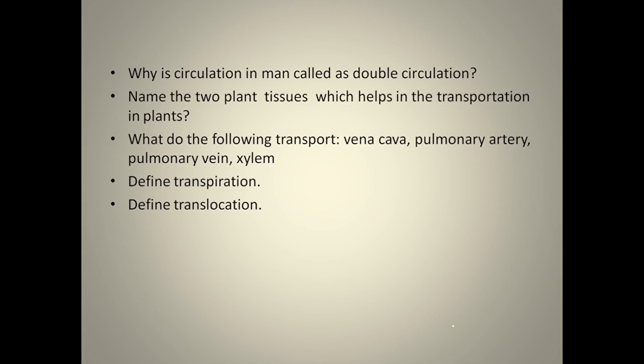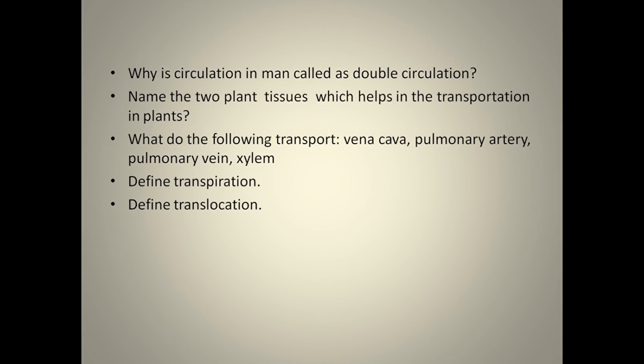Now, pulmonary artery, pulmonary vein, and xylem. I think you only have to try to remember what the pulmonary artery carries, what the pulmonary vein carries, and what xylem carries. One thing we know is that arteries always carry blood away from the heart, and veins always carry blood towards the heart. So hope you got the answer.